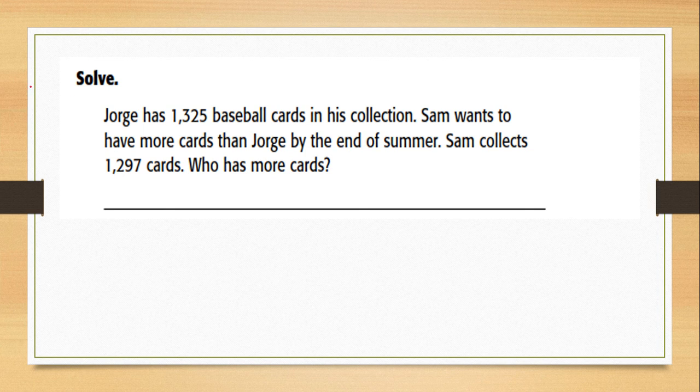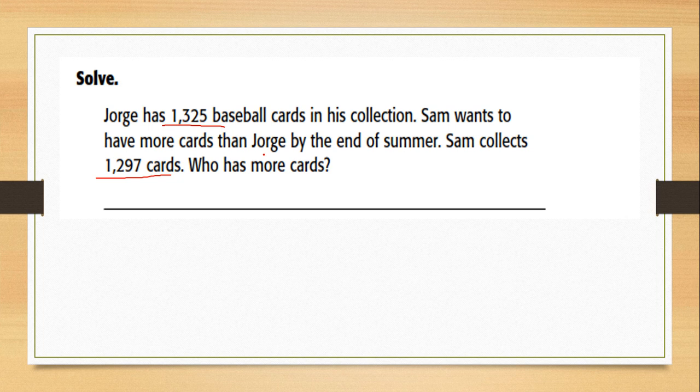Now let's solve this question together. It tells you that George has 1,325 baseball cards. Okay, this is what George has in his collection. Sam wants to have more cards than George by the end of summer. Sam collects 1,297 cards.